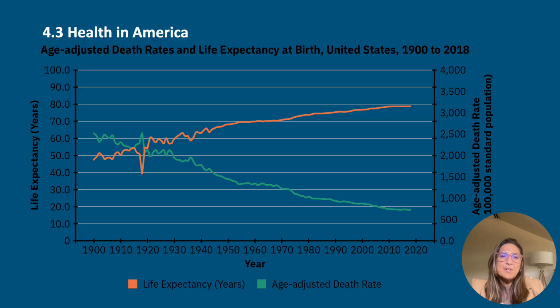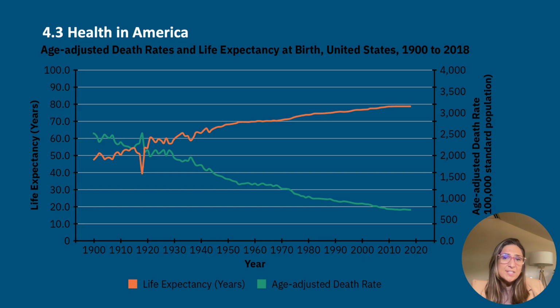So when we're thinking about trends in mortality, over the past century, life expectancy has increased and rates of death have decreased. So the 20th century saw an unprecedented decline in mortality, and life expectancy rose by more than 30 years during that time frame.